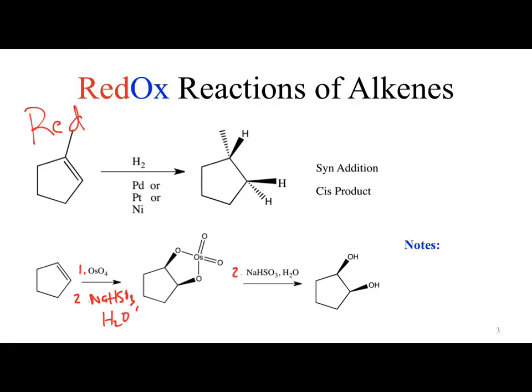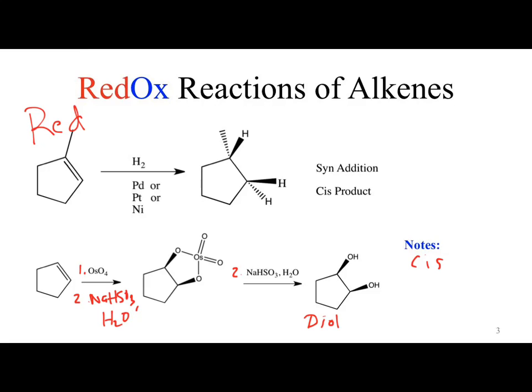What happens in this case? We're doing again an addition reaction. The result is we've added 2 alcohols, so we produce a diol product. Further, those alcohols in the product are in what relationship? Cis.